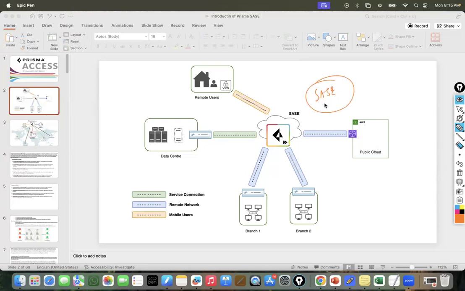SASE is not a technology. It's a framework, like the OSI model, right? OSI is a reference, and based on the OSI model, the TCP/IP model was developed. Based on this TCP/IP model, every PC-to-PC, any device-to-device communication happens. Similarly, in the SASE solution, Secure Access Service Edge, we have a sort of blueprint.